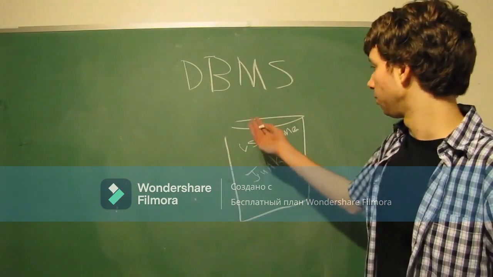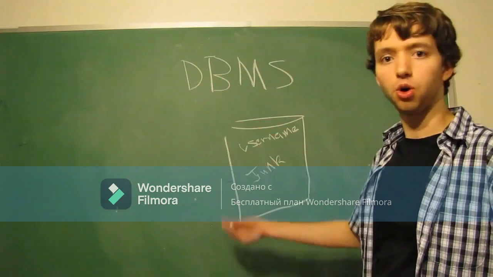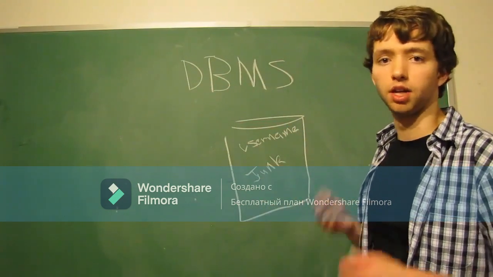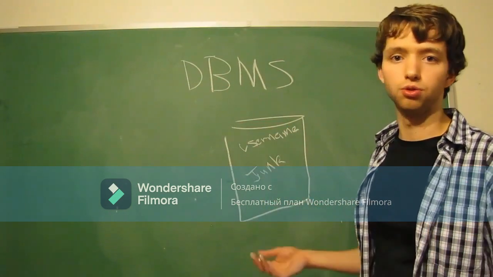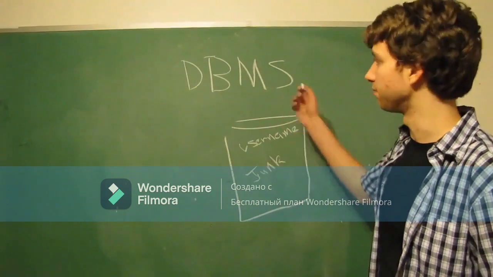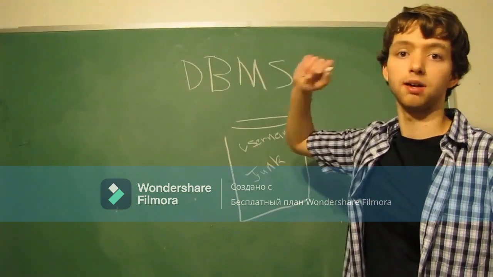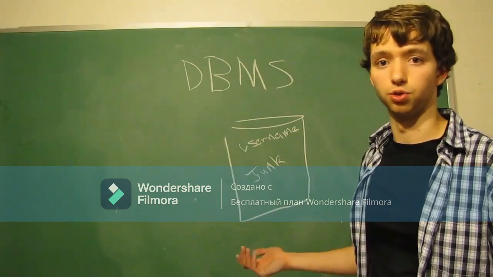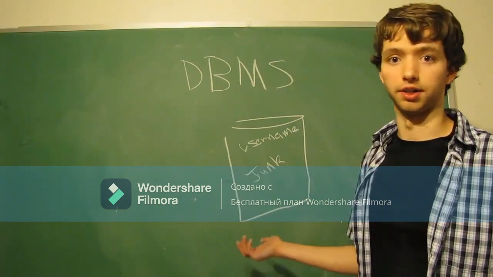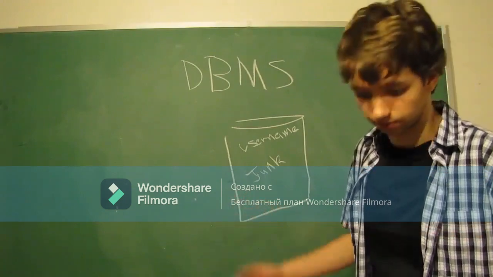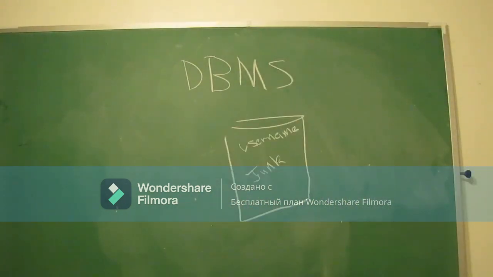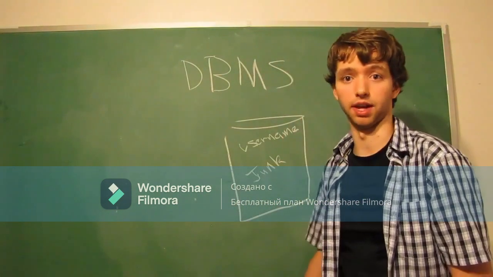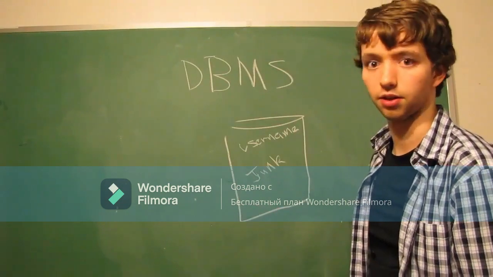Without a database management system, all we have is a bunch of data, and we'd still have to manually do all that and delete all that. So the database management system is what allows us to easily run a query, select everyone who hasn't been online in a year, and then we can delete everyone who hasn't been active in a year.